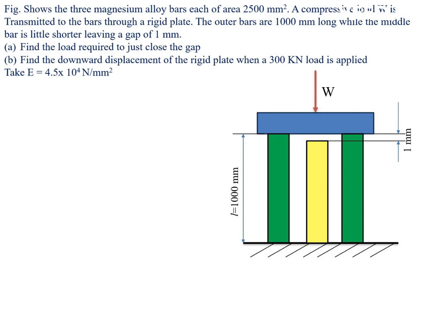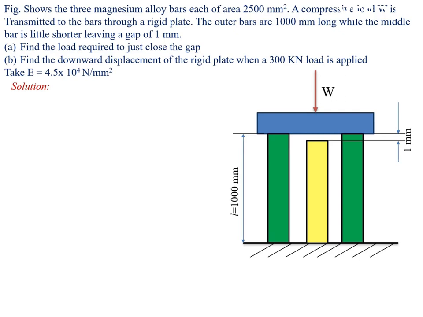First, find the load required to just close the gap. Second, find the downward displacement of the rigid plate when a 300 kilonewton load is applied. Take Young's modulus of the magnesium alloy as 4.5 into 10 to the power 4 Newton per mm square.